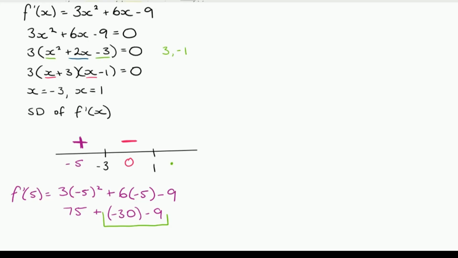And finally, let's plug in our last number. Instead of 1, we're going to go a bit higher, so I'm going to go 2. So plugging this into my derivative function, this is going to be 3, and then I've got 2 squared plus 6 times 2, take 9.